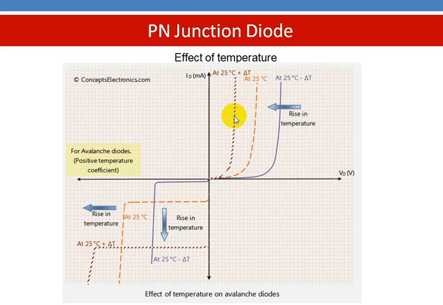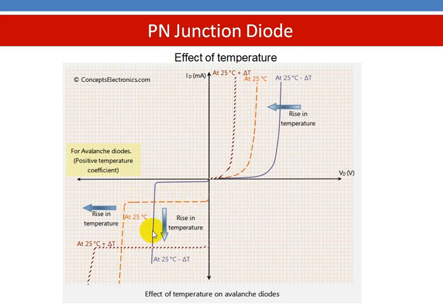If the temperature is increased, then we find that the curve is moving closer to the vertical axis. It implies that the forward voltage drop is getting reduced. Similarly, in the reverse operating region, this is the curve that represents 25 degrees centigrade.